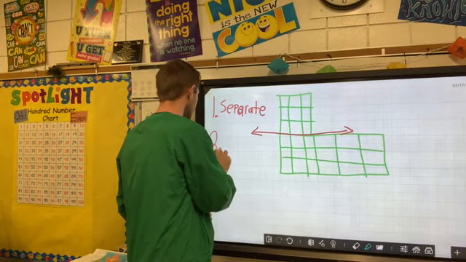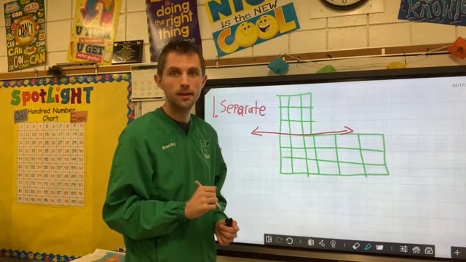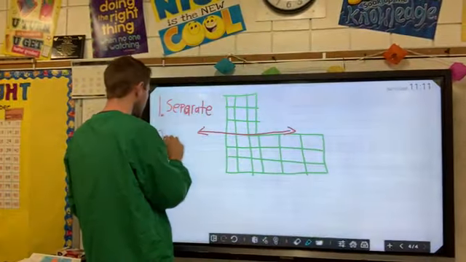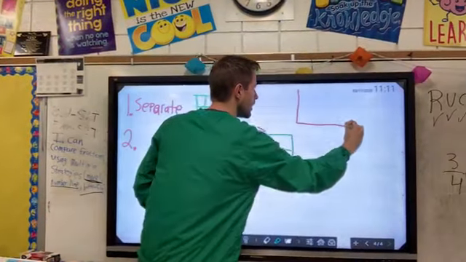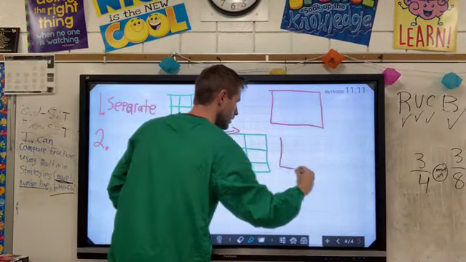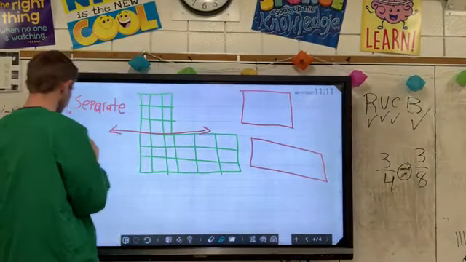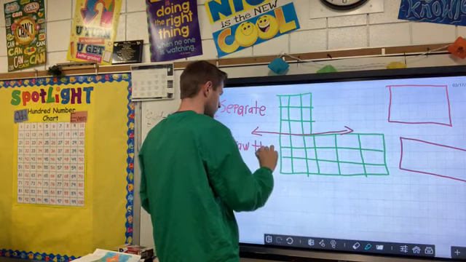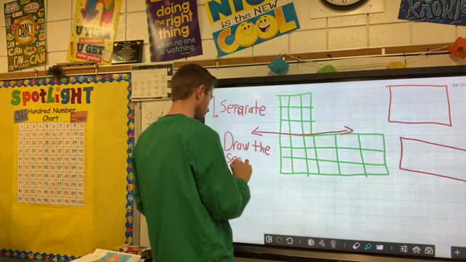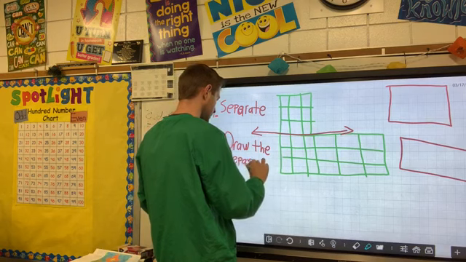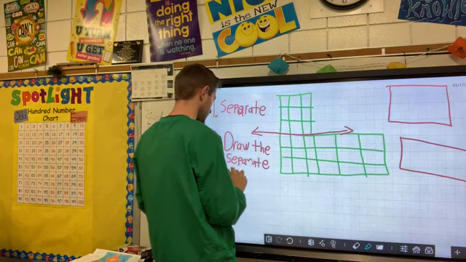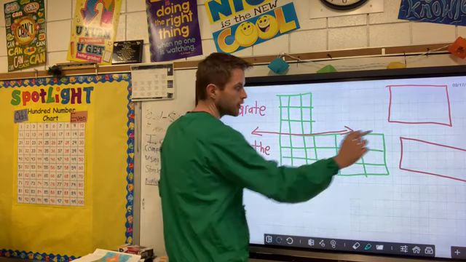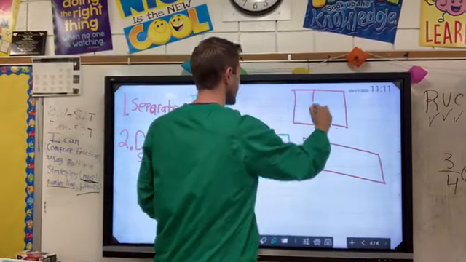Second, we draw the separate shapes. I'm going to make sure I include my tiles in them.